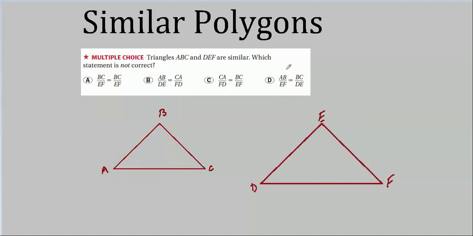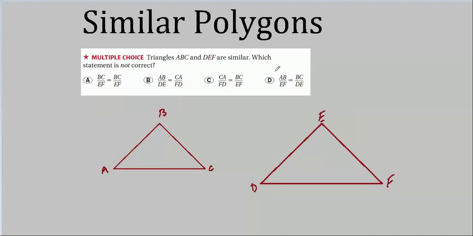What about this last one? AB over EF. That's this. Wait a minute. AB over EF. AB and DE are the corresponding sides, not EF. And then BC and EF are the corresponding sides, and then AB and DE.